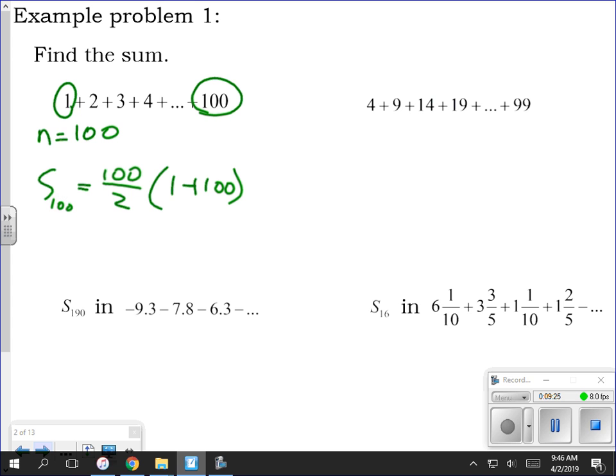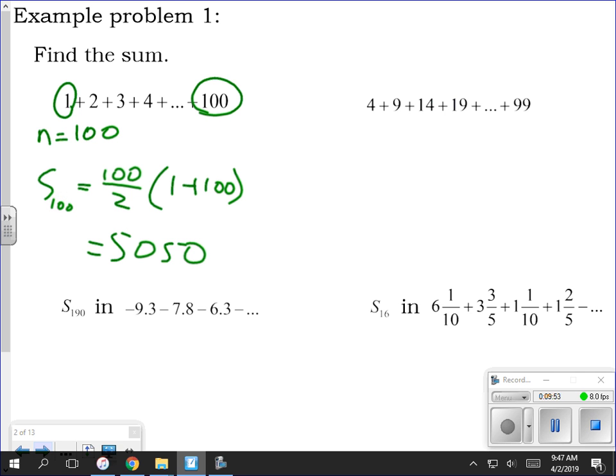The total divided by 2 is 50. 50 times 101, 5,050. So that's our formula. How many terms we have divided by 2 times the first one plus the last one. So we need to know the first term, we need to know the last term, we need to know how many there are. That one's pretty easy to figure all those things out.